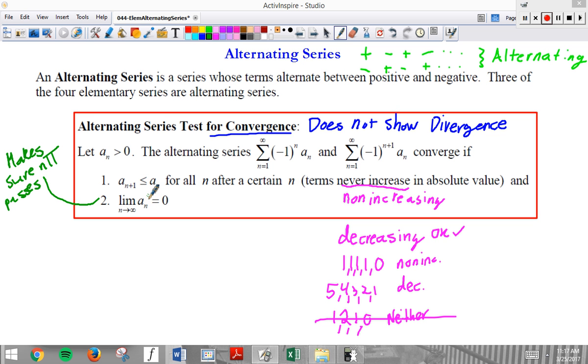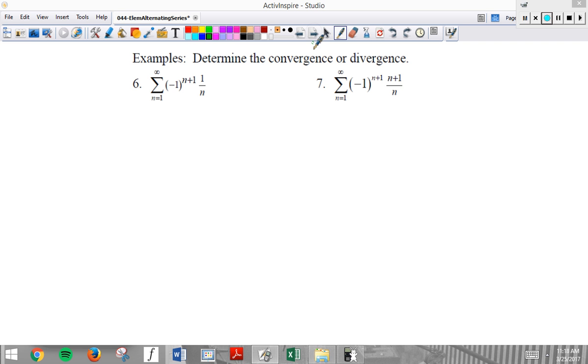It said if the limit equals 0, we don't know anything. So the limit of the absolute value equals 0 is another way of thinking about this. Okay, the limit of the absolute value of the terms. That's what we want. We need both of these things. I'll go over the nth term test later. If this were not 0, it would diverge by the nth term test. That's what we're saying. Here I go. I'll show you what I'm talking about.